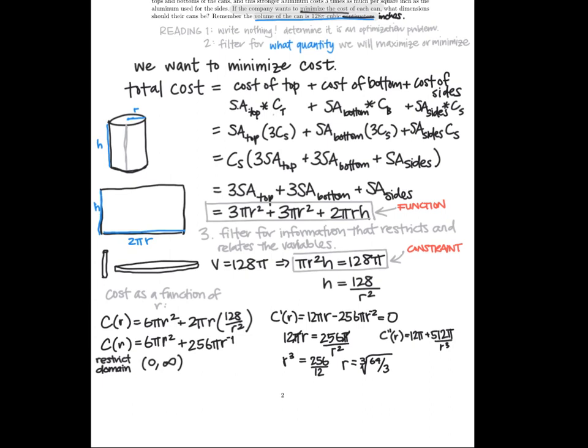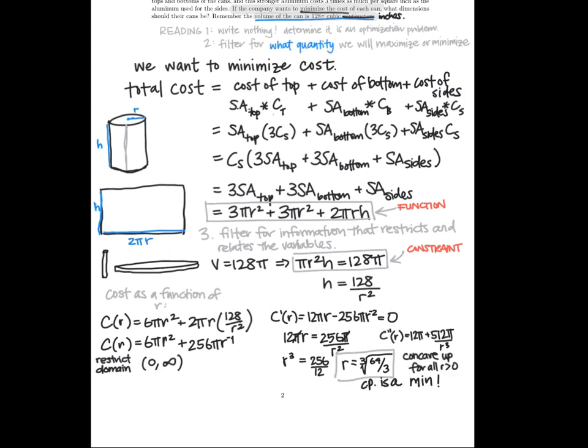Sure enough, when we take a look at the sign of the second derivative over the restricted domain that we have constructed here, if we plug in a positive value for r, this entire thing will be positive, meaning that the second derivative is concave up at our critical point, because our critical point is where r is positive, meaning we are at a minimum.